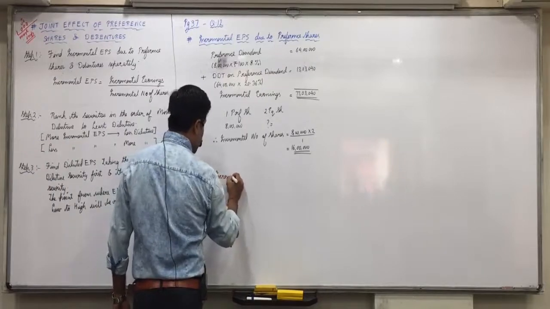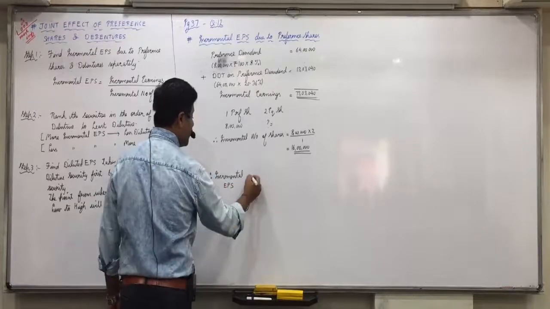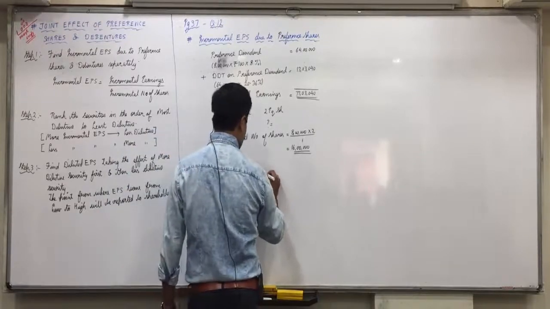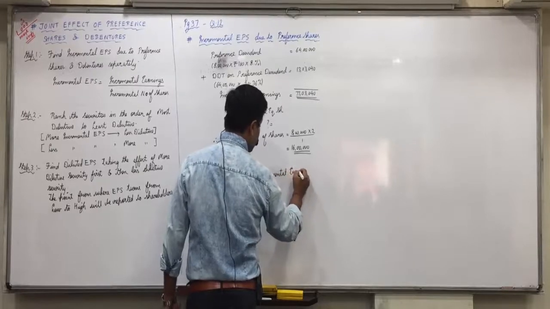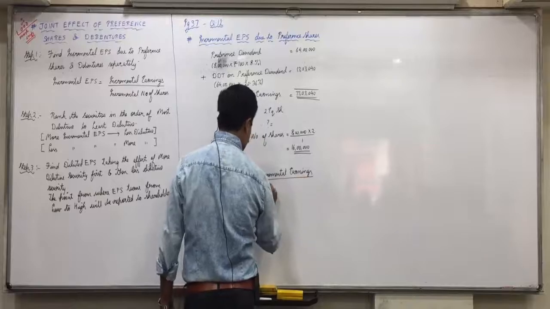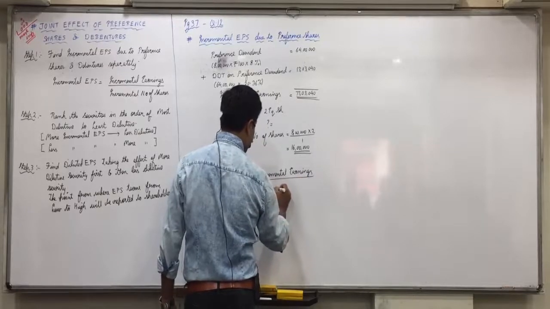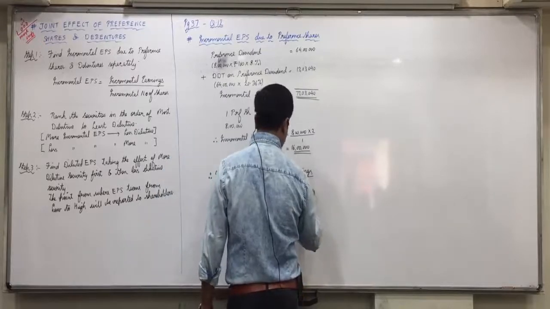And now we can find incremental EPS, incremental earnings divided by incremental number of shares. Therefore, incremental EPS is equal to incremental earnings divided by incremental number of shares.